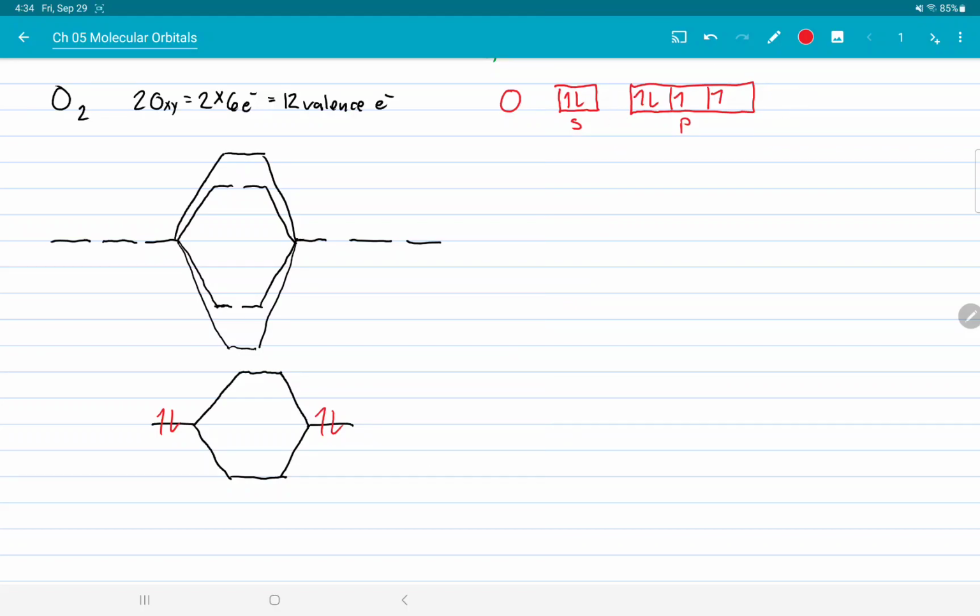We need to replicate the p's the same way. And the other oxygen is doing the exact same thing.